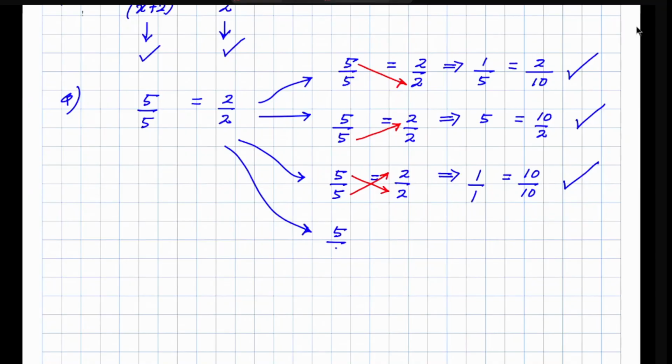5 divided by 5 is equal to 2 divided by 2. You can cross multiply this here and you can cross multiply from the other side to here. So if that happens, it's going to be 5 times 2 is equal to 5 times 2. Correct. Right?